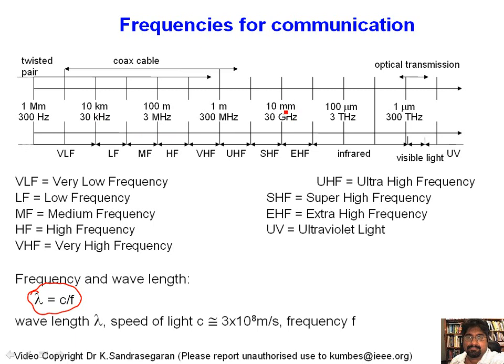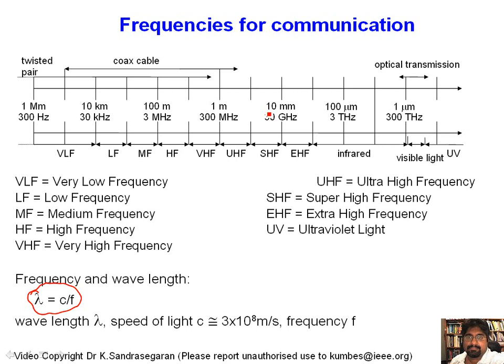Now this has a number of implications. First of all, the antenna size that we use is approximately proportional to half the wavelength. So as we go into higher and higher frequency bands, the size of the antenna will decrease, which is a big plus in wireless communication, because you want your antennas as small as possible, especially for mobile devices.